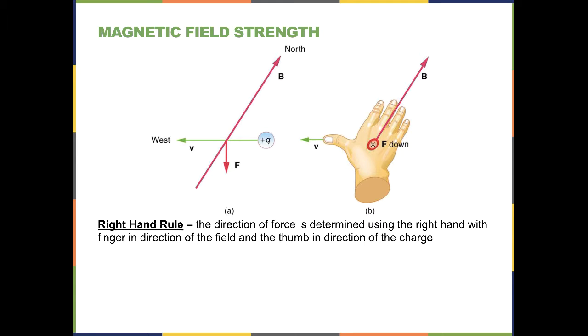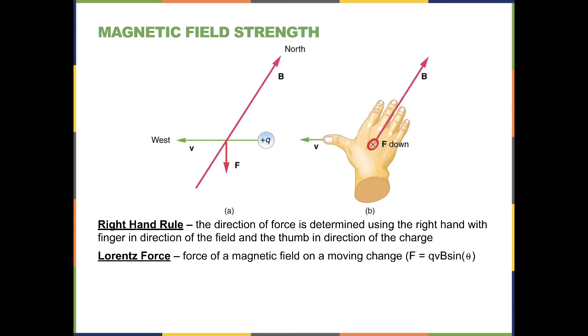You point your finger, index or middle finger, usually I use my middle finger, in the direction of the field, and the thumb in the direction of the charge. Then whichever way your index finger naturally points, in this case down, is the direction of the force.